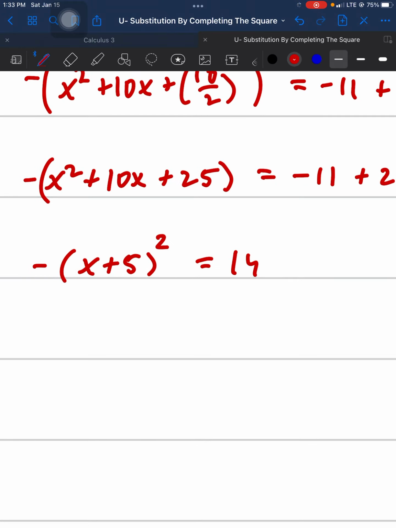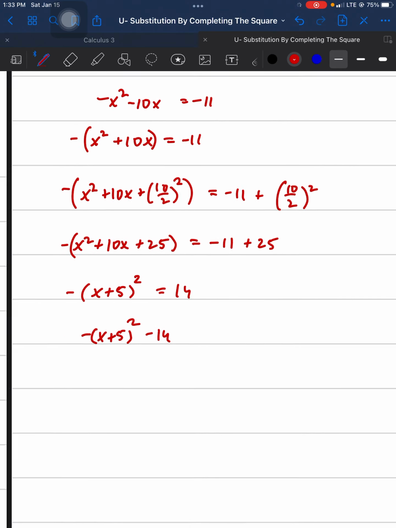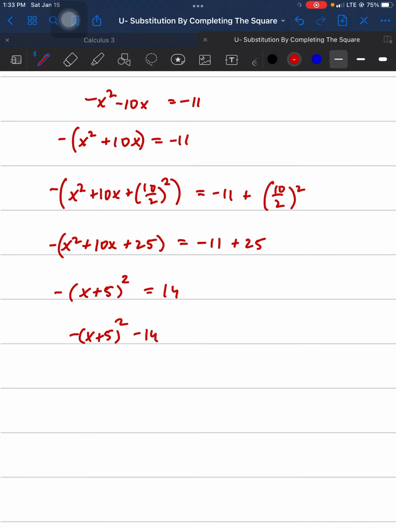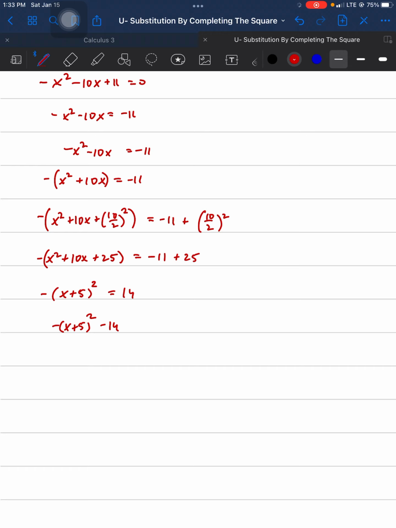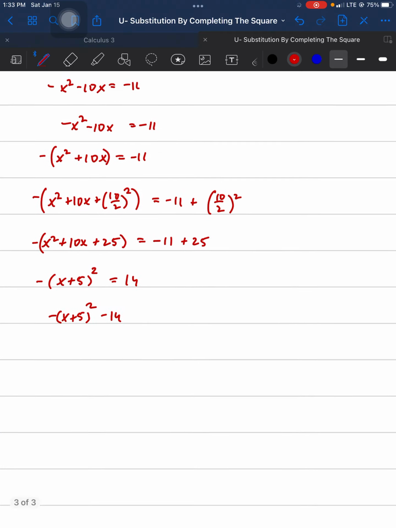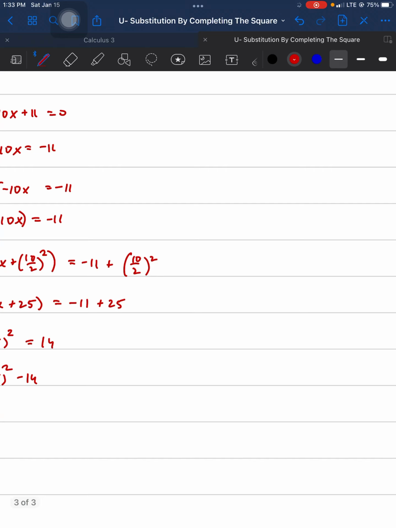Wait, yeah, we do. So we get positive 14, and then when we subtract the 14 on both sides, we get negative (x plus 5) squared minus 14. So yeah, that's what we get for completing the square.